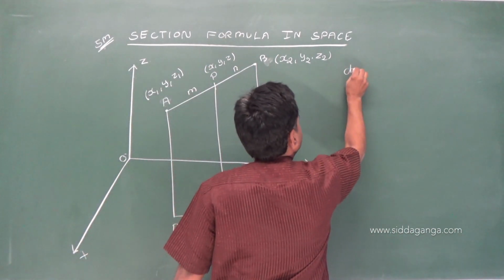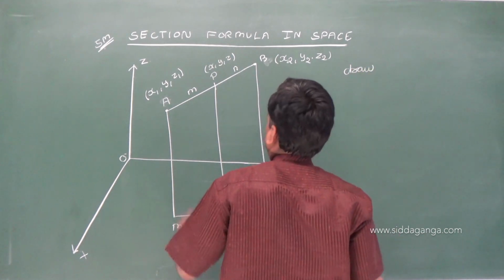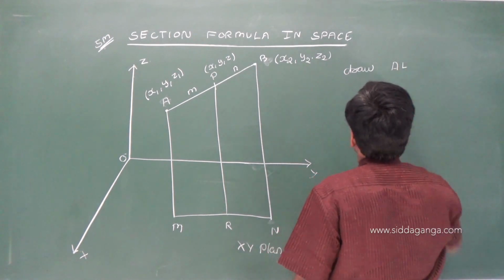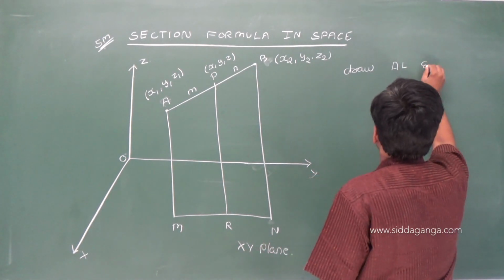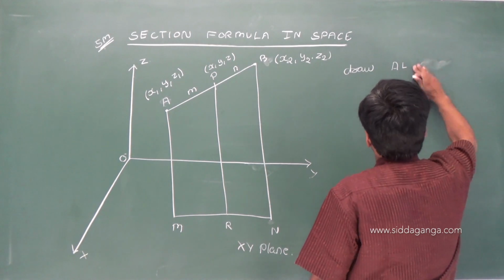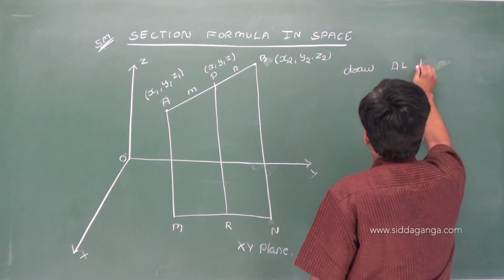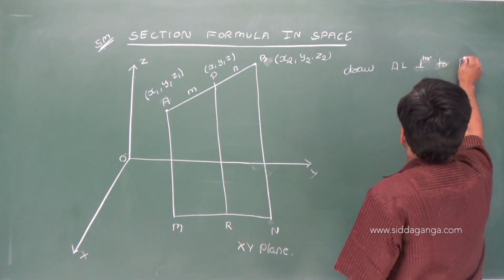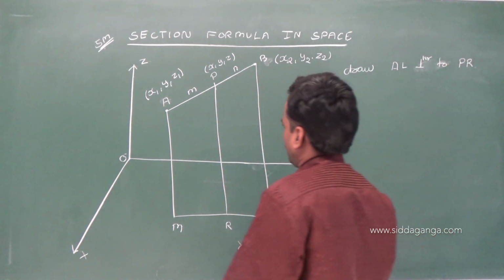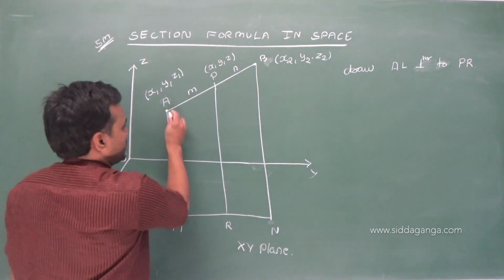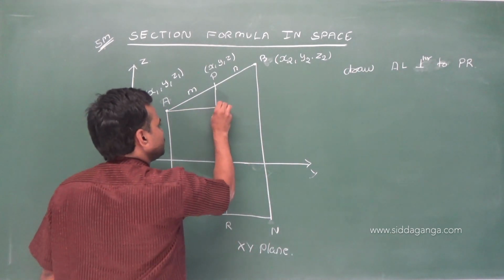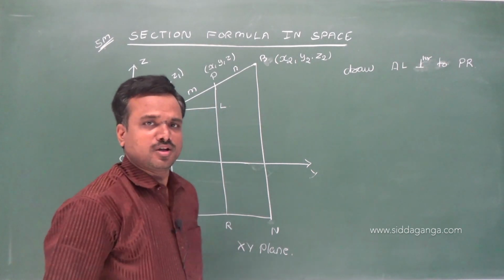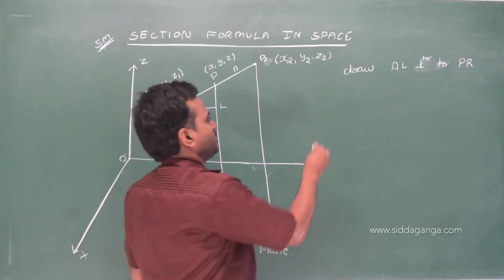Next step. Draw AL perpendicular to PR. Observe here. Draw AL perpendicular to PR. Next line.